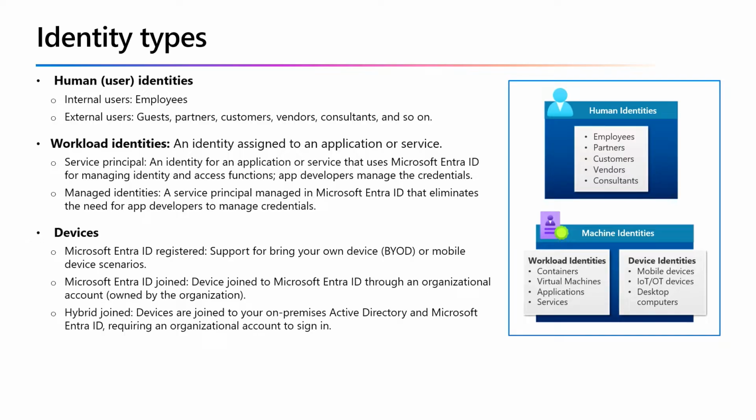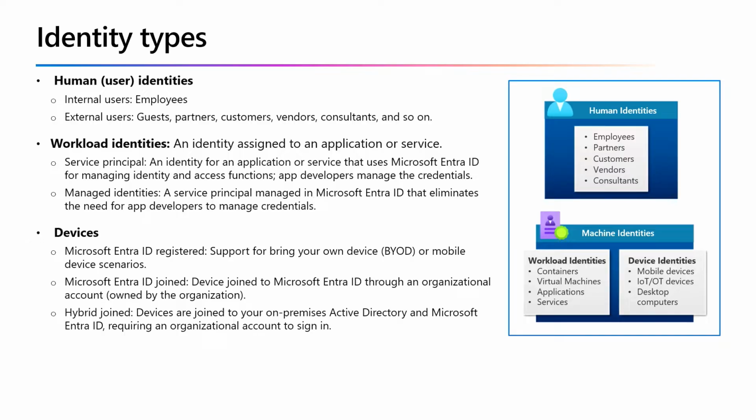In Microsoft Entra, workload identities are service principals and also managed identities. A service principal is essentially an identity for an application that delegates its identity access functions to Microsoft Entra ID, while managed identities are a type of service principal that are automatically managed in Microsoft Entra ID and eliminate the need for developers to manage credentials.